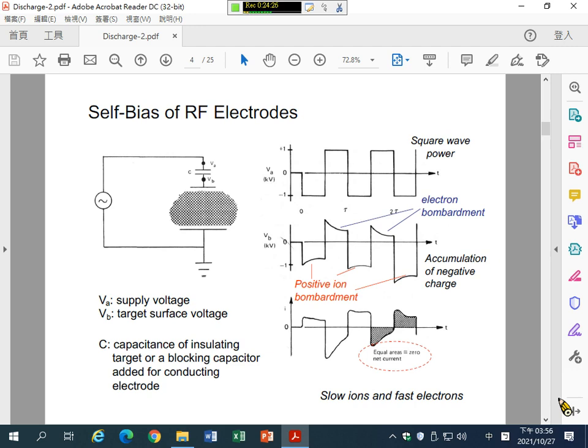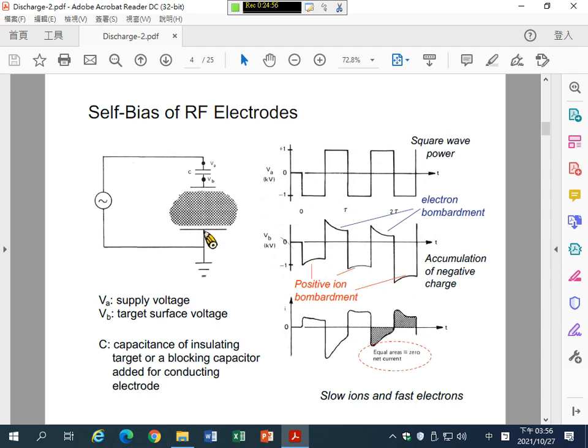Here is the analysis of the system. The left figure is the circuit of the RF plasma system. The left side is the RF power supply, and one end of the RF output connects to the bottom electrode, and it is also connected to ground.